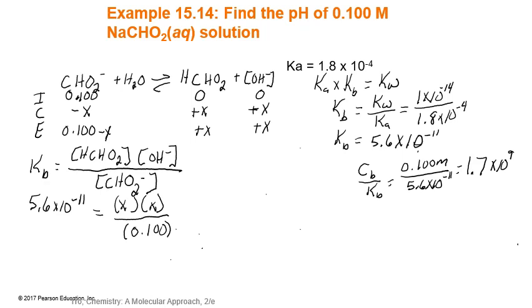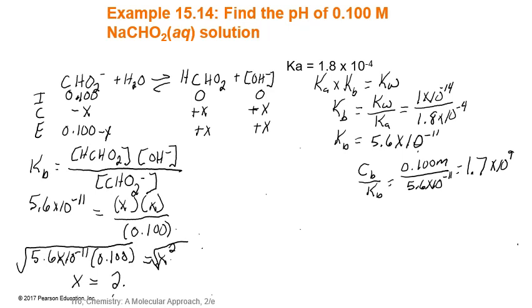Okay, so if we want to solve this, we're going to take our Kb value times our initial concentration, and in order to find x, we need to take the square root. So x equals 2.4 times 10 to the minus 6.